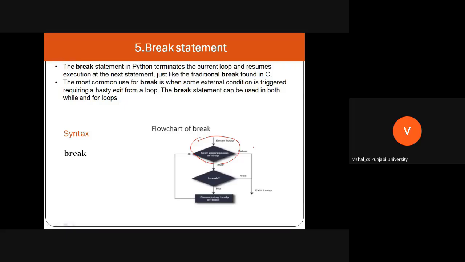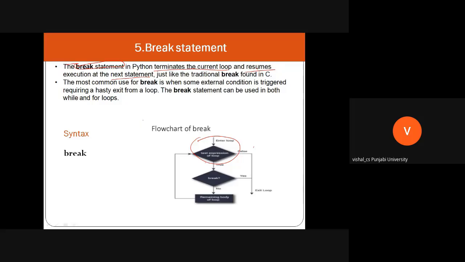In the break statement, you can find that it terminates the current loop and resumes execution at the next statement. What do we mean by next statement? The next statement is whatever statement comes after the loop; it will come out of the loop.